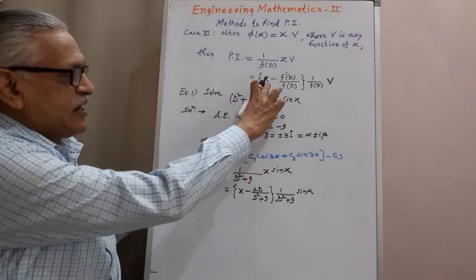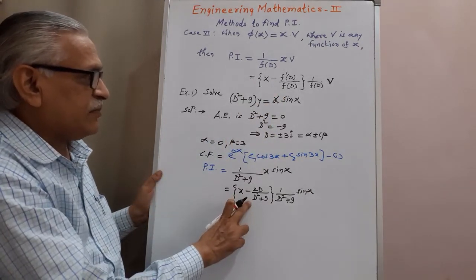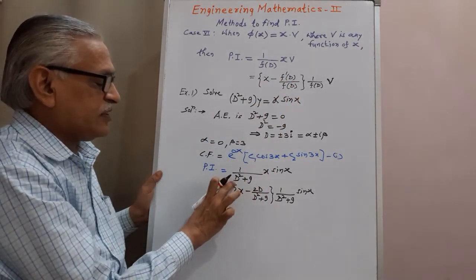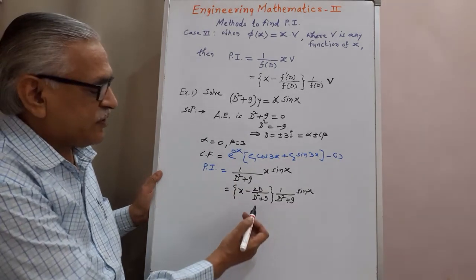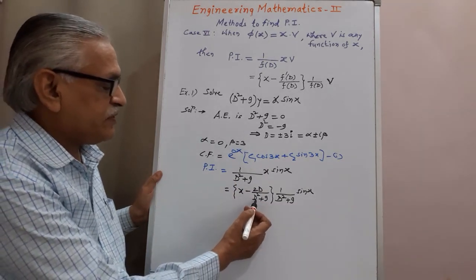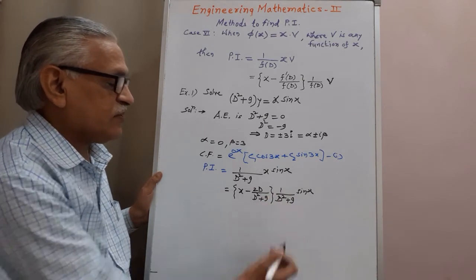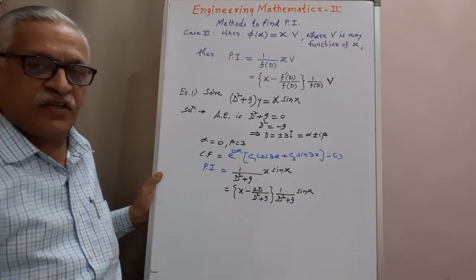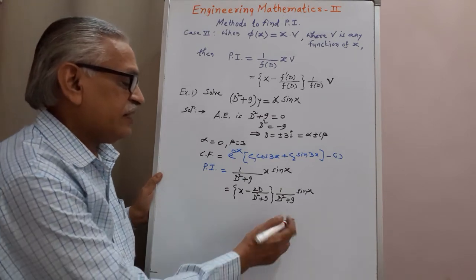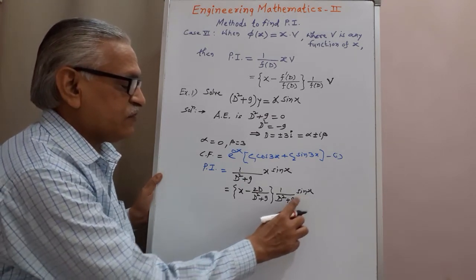Therefore as per that formula it is x minus f dash of D, the derivative of D square plus 9 with respect to D, which is 2D, divided by f of D, D square plus 9, into 1 upon D square plus 9 operated on v, here sin x. And then we perform this operation first.